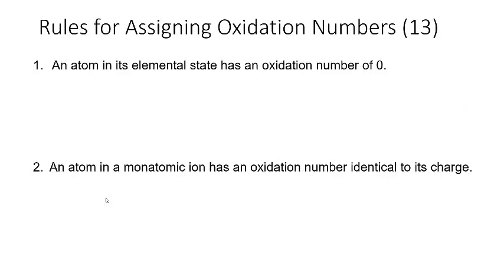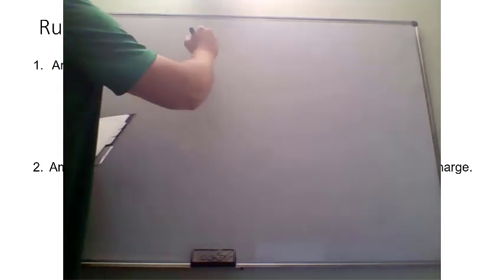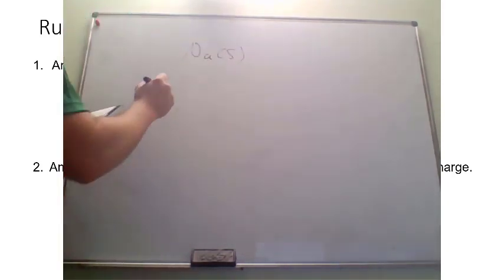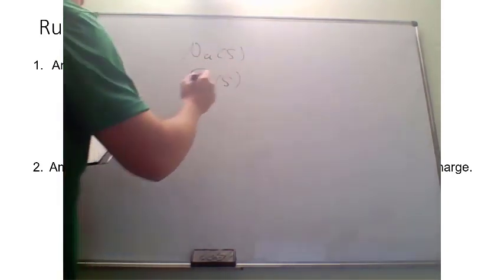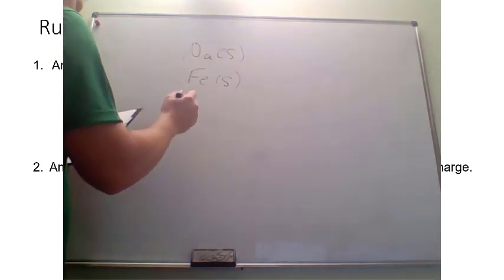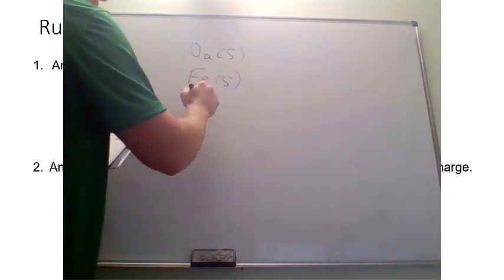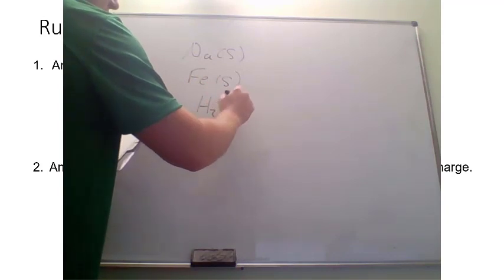So what are the rules for assigning oxidation numbers? Our first rule is that an atom in its elemental state has an oxidation number of 0. If we take a look at some commonly found elements, we can see sodium in its solid state, iron in its solid state, a lot of our metals in their solid states, and our diatomic gases like H2 gas.